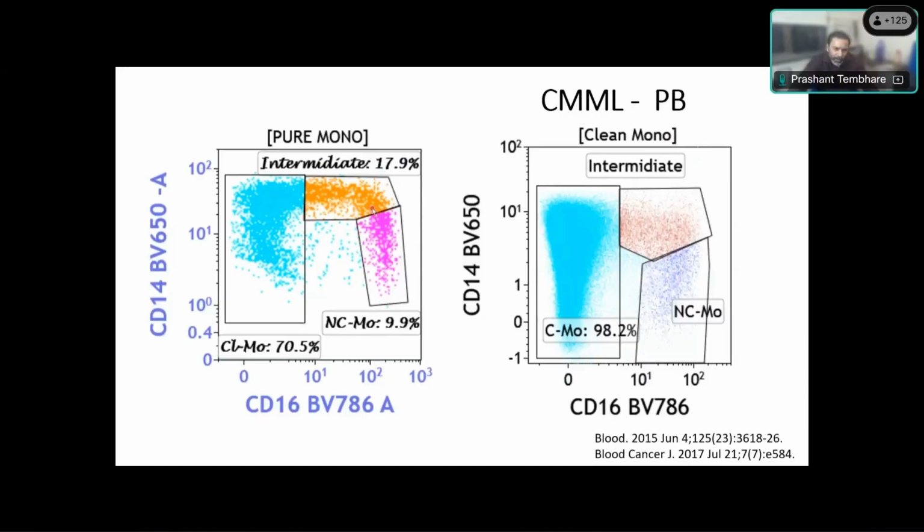Now from here CD14 is going down and CD16 has become homogeneously strongly expressed. Where CD14 is going down but CD16 is strongly positive, you put a cutoff there. The moment CD16 starts and CD14 is homogeneous, that is intermediate. The moment CD14 is going down and CD16 is homogeneous, that's your non-classical monocyte.